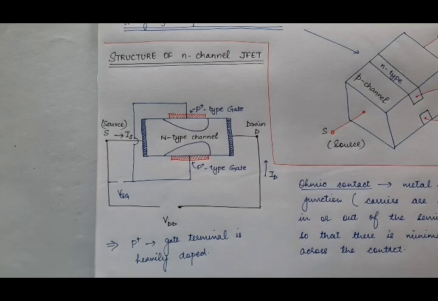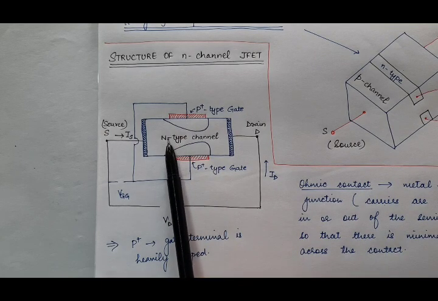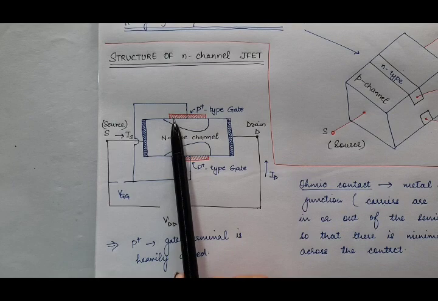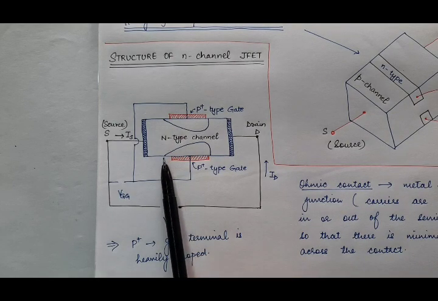Now what about the biasing? Here we have this P and this N. On this side we have a semiconductor junction, or you can say a PN junction, and on this side as well we have one PN junction.